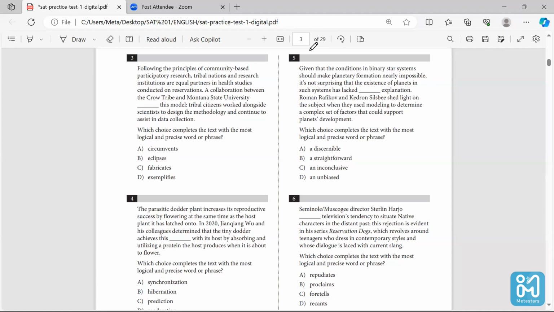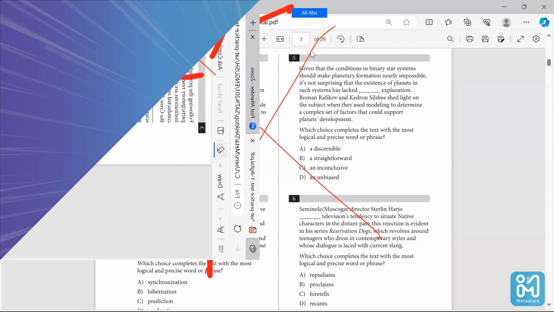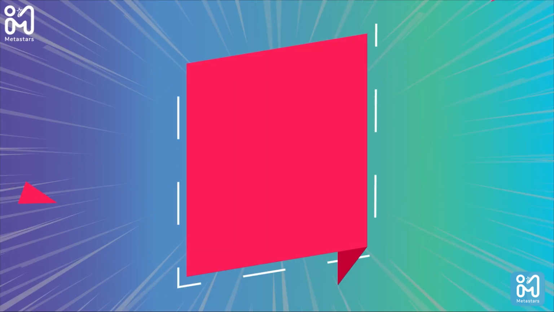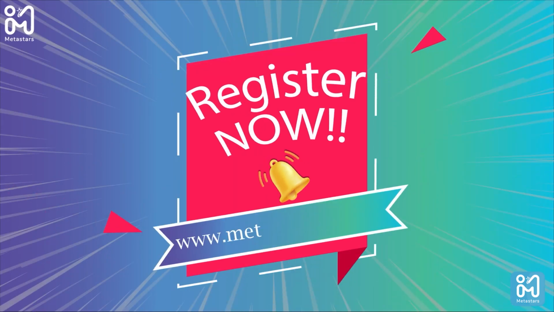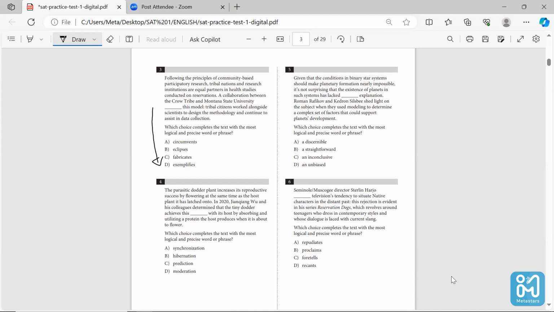Following the principle of a community-based participatory research, tribal institutions are equal partners. A collaboration between the two universities here.